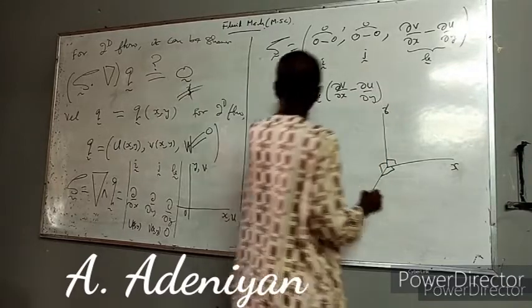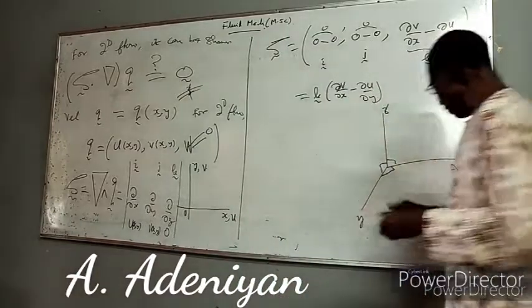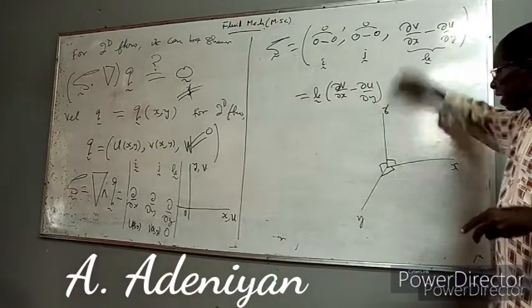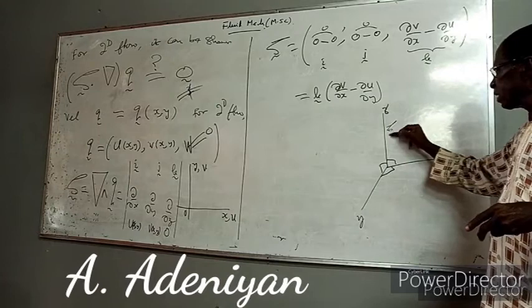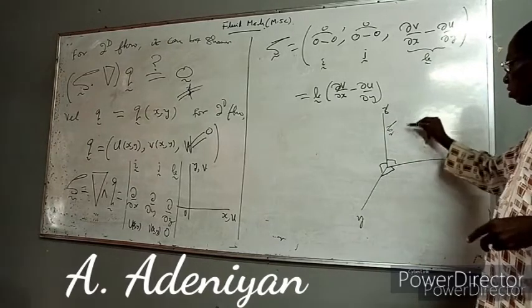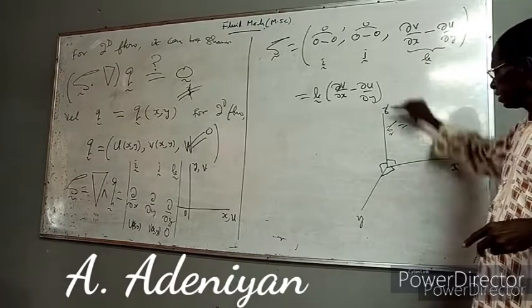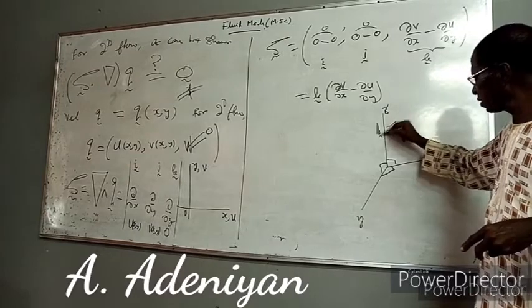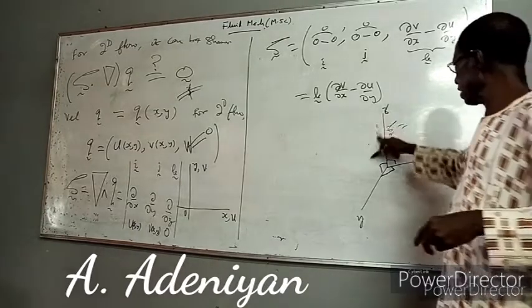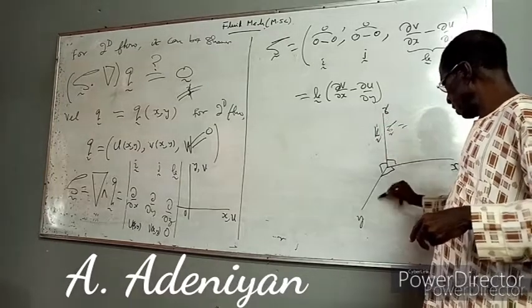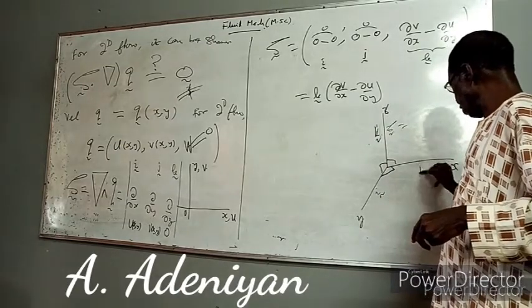So the vertical vector has no component along this, so the vertical vector acts along this. So this is where you expect our vertical vector, because it is along this, and the unit vector along this is k. Along I there is nothing, along J there is nothing.